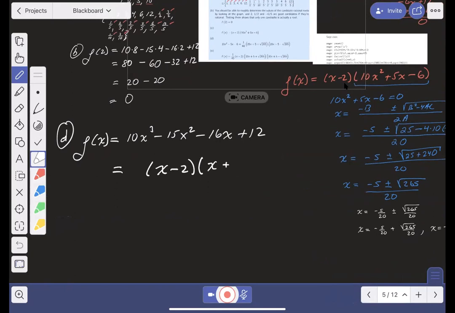So it's going to be x plus 5 over 20 minus root 265 over 20 times x plus 5 over 20 plus root 265 over 20.